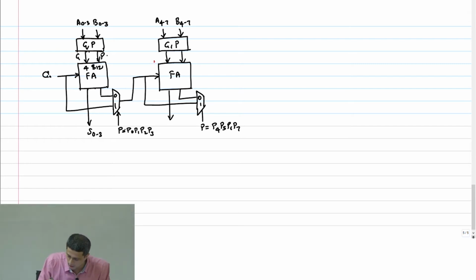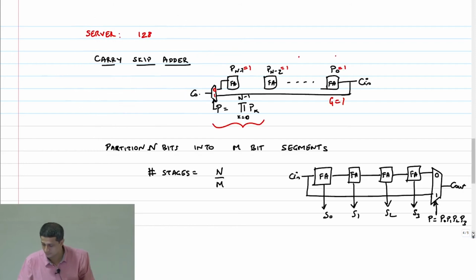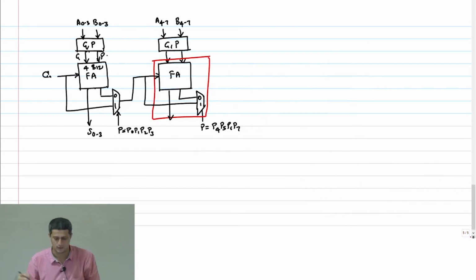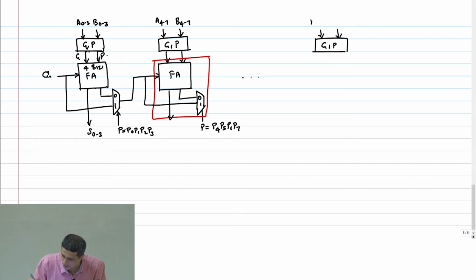This block here is what I showed in the previous slide. This one. 4 ripple adders with 1 multiplexer in the end. Okay. So like this I can take it on, and the last stage will basically be again GP. A 8 to 11, 12 to 15, right?